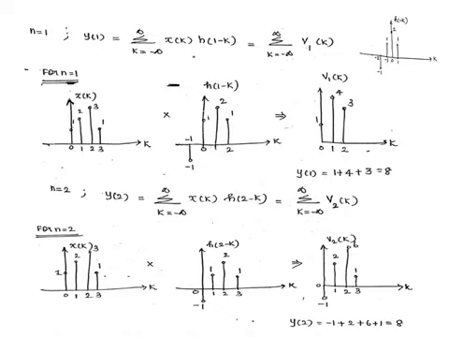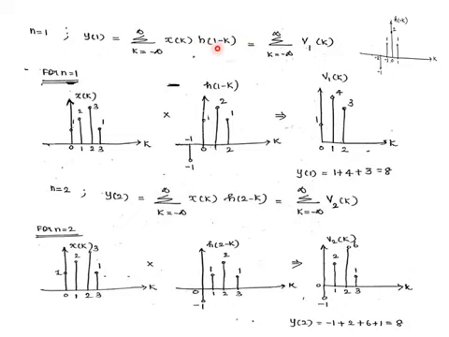The next value of the output sequence occurs at n is equal to 1. The formula for finding y of 1 is summation k is equal to minus infinity to infinity x of k h of 1 minus k. As we know, x of k is readily available, so redraw it. Next, we have to find h of 1 minus k.